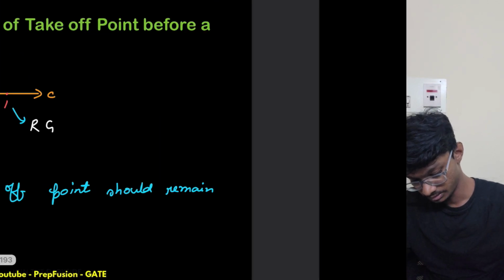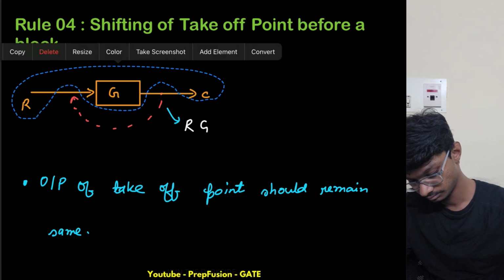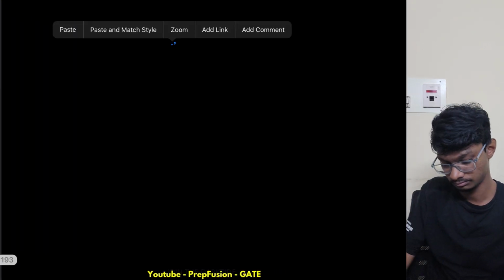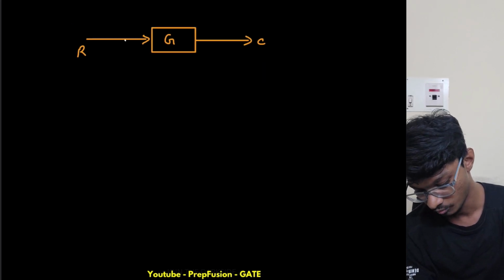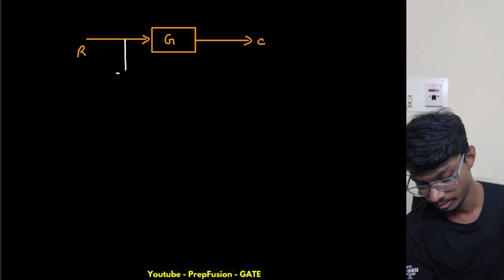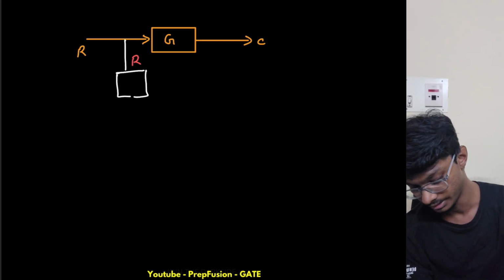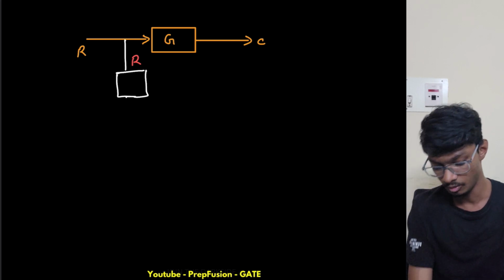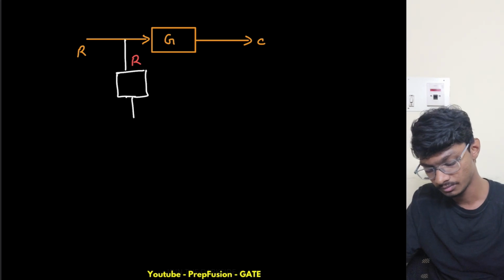Okay, so if I take the output from here, I need to place a gain block here, because here we have R only. I don't know what that gain is, but I understand that gain should be G only.